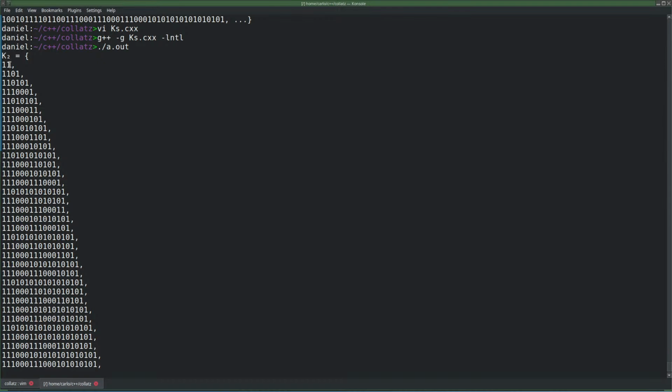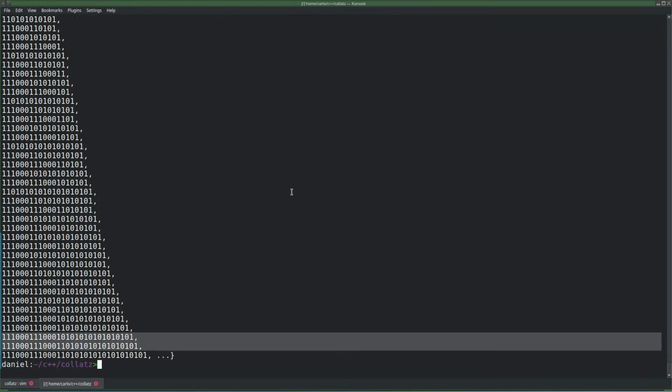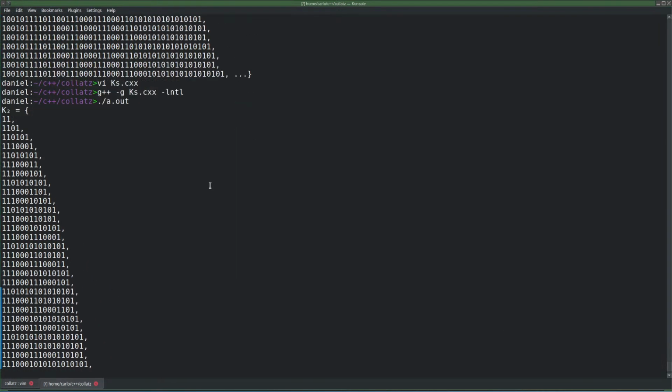So there's a 1 1, and then 1 1 followed by 0 1, 1 1 followed by 2 0 1s, 1 1 followed by 3 0 1s, 1 1 followed by 4 0 1s, and so on. That's definitely a pattern, right? So you have 1 1 followed by any number of 0 1s.